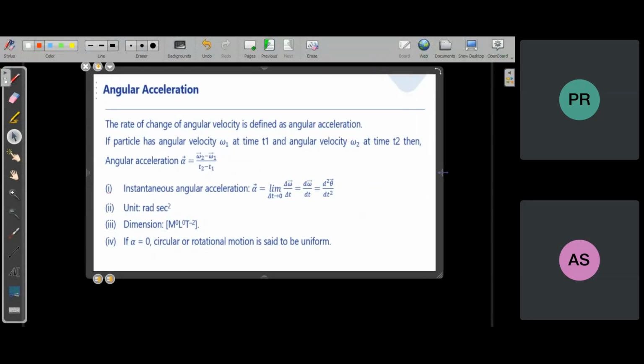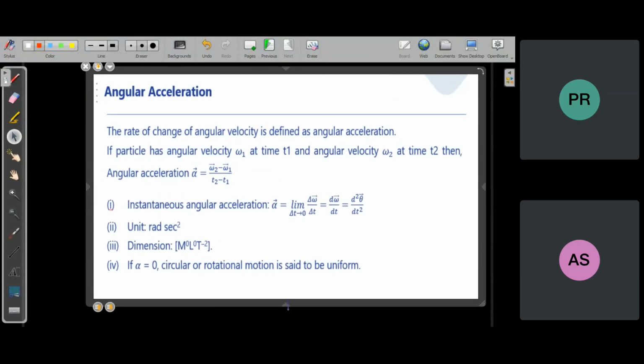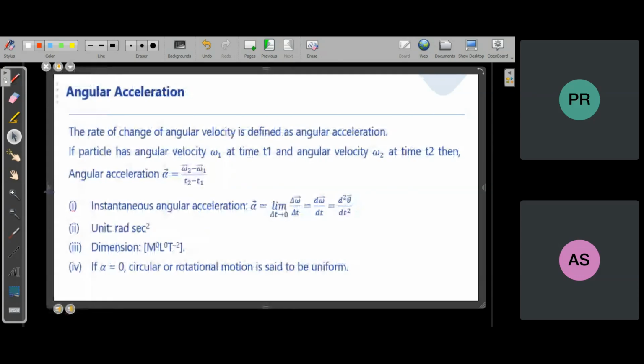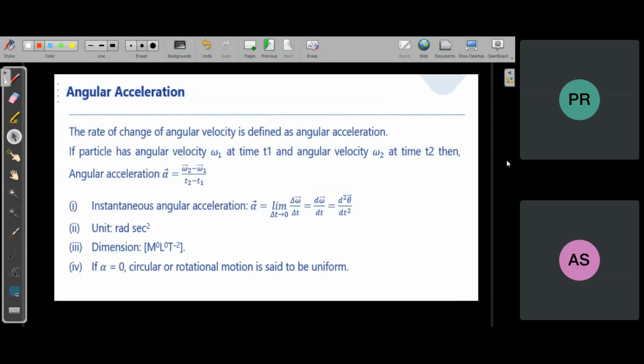Now, angular acceleration. Angular acceleration of a rotating body is the rate of change of angular velocity. That's it. Average angular acceleration will be change in angular velocity by time, and instantaneous, by differentiation, you will get d omega by dt.